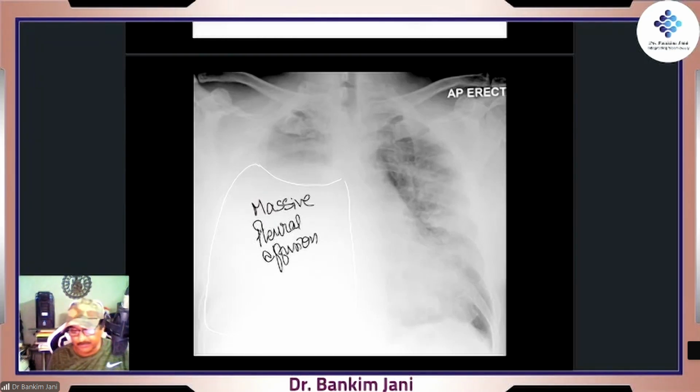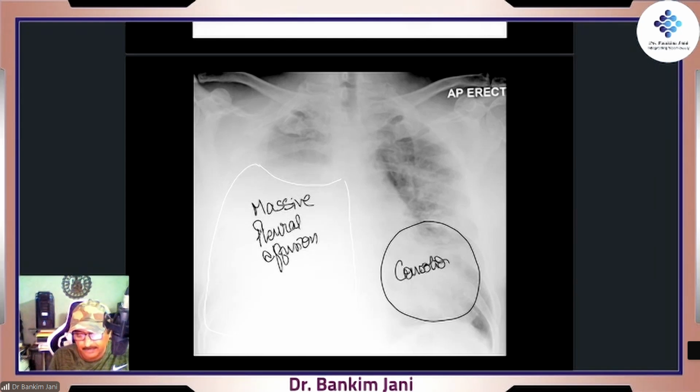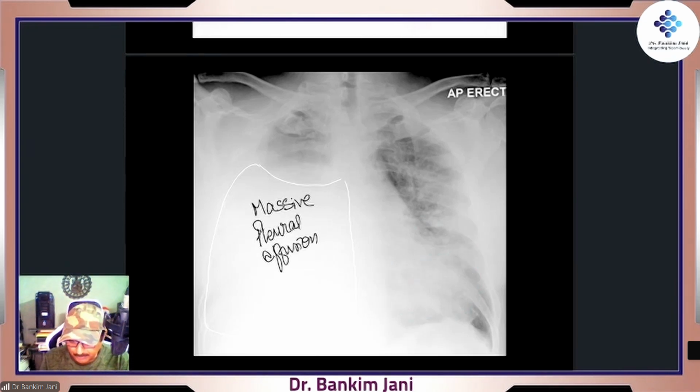What other findings? Here it is. See this area, there is consolidation. That's the reason the left heart border is obscured. We learned that. Do you remember? We learned that whenever the heart border is gone, that means there is consolidation.